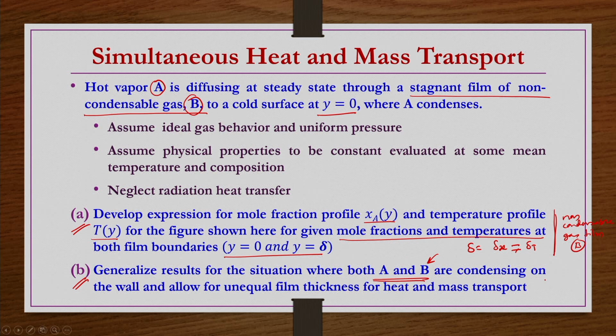And allowing for unequal film thicknesses for heat and mass transport, we take delta x not equal to delta t not equal to delta. Then what are the concentration profiles and temperature profiles, that we are going to find out.